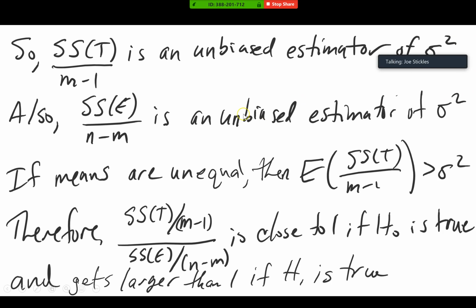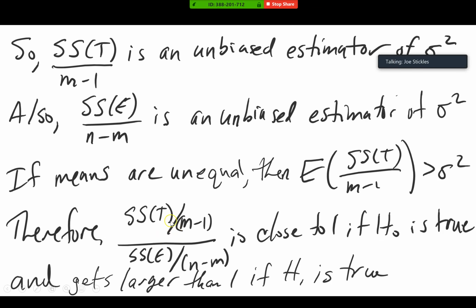Since my sigma squared is equal all the way through, this ratio should be close to 1 if the null hypothesis is true. If the null hypothesis is not true, if at least one of the means is different from the rest, then this expected value is going to be bigger than the variance. So then this ratio is going to get bigger.